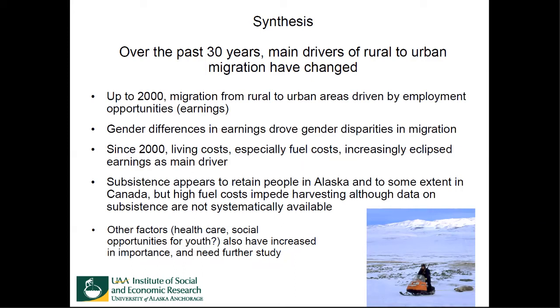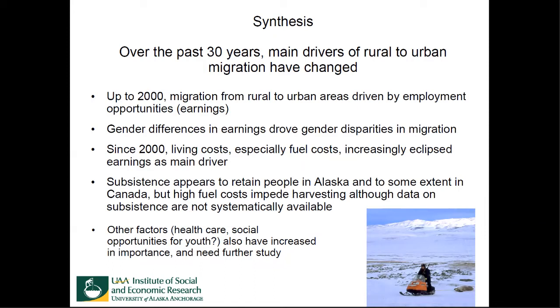Originally, in the pre-2000 era, it was really earnings, and there were big gender earnings differences and big gender differences in migration. Since 2000, the past 20 years, living costs have become much more important.